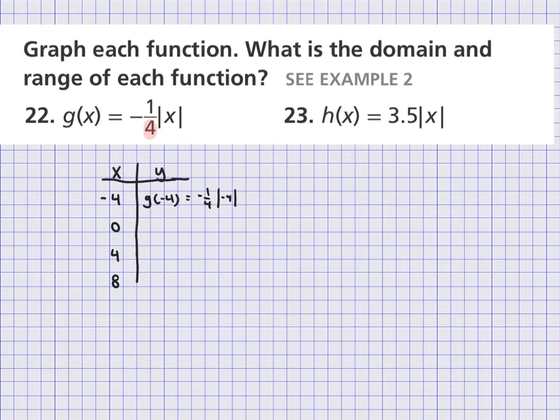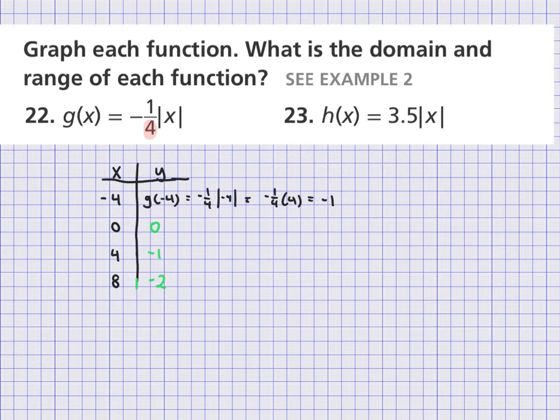I get negative 1/4 times positive 4, which equals negative 1/4 times 4, which gives me a negative 1. Plugging in a 0, I end up getting a 0, and plugging in a 4, I also get a negative 1, and plugging in an 8, I actually get a negative 2.